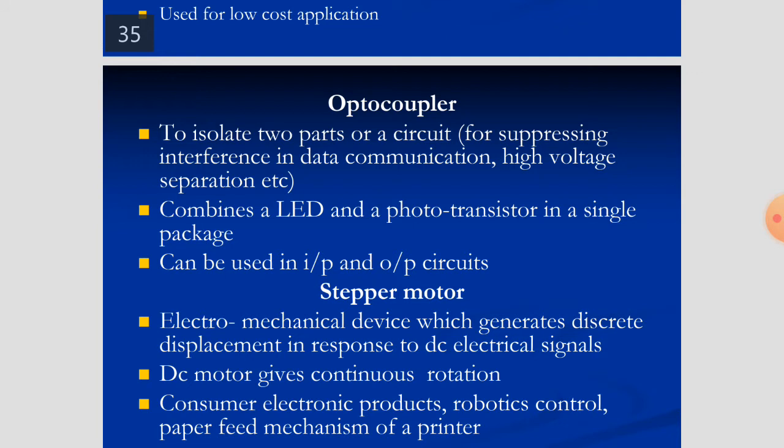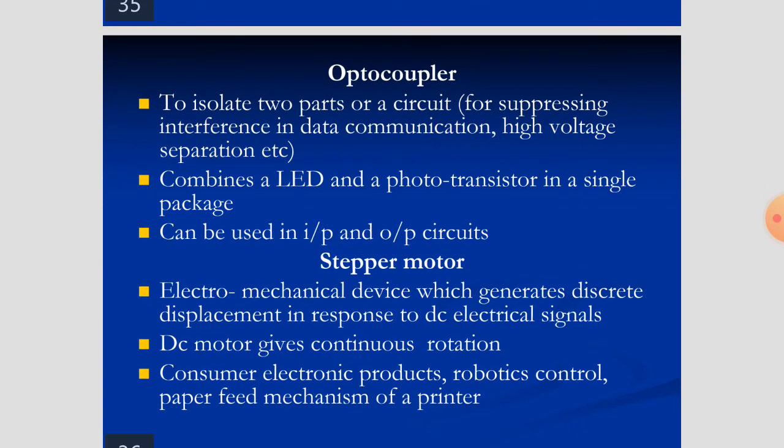Next is the optocoupler. The optocoupler is mainly used to isolate two parts of a circuit. For example, it is used for suppressing interference in data communications or for high voltage suppression. Like that, you can separate out the 2 parts.